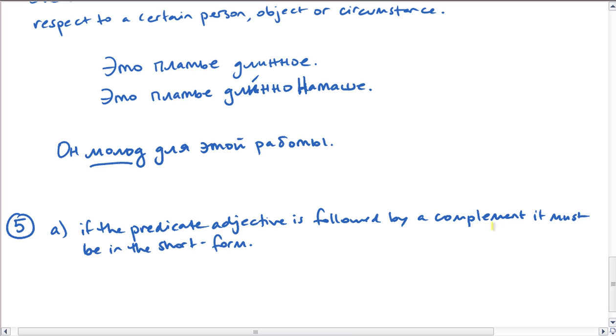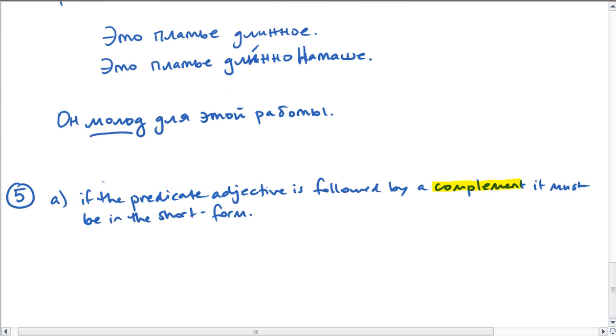And pay attention to complement. It's not a complement with an I, like you have nice hair. It's a word or a phrase that completes the sense of the subject or the object or the verb.